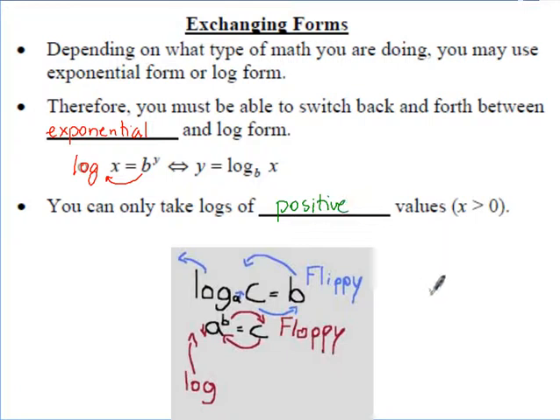Now, so everybody like, what in the world's a log? Well, basically a log is an exponent. So if I ask you, 2 raised to what power equals 8? 3. 3 is the logarithm of 8.